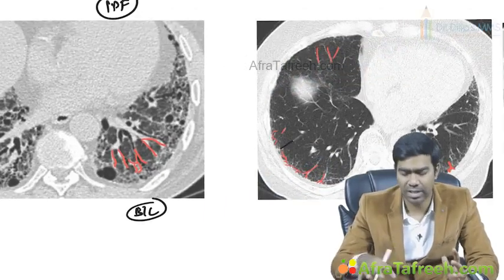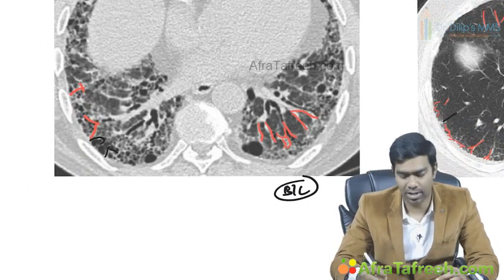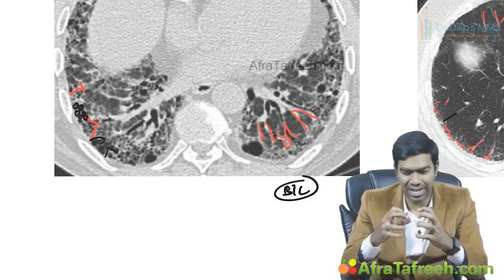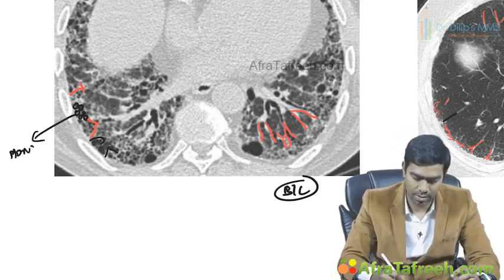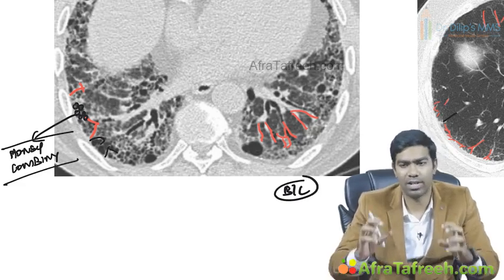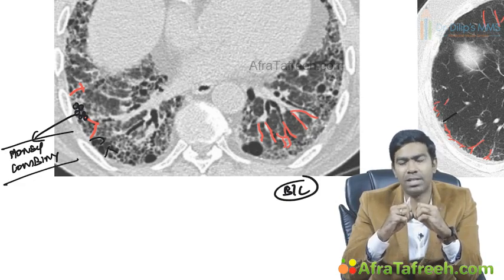It's not that thick, but here you are seeing very, very thick reticular densities, and sometimes they can form air spaces which are trapped within these thickened reticular densities, called honeycombing. And honeycombing usually results from a coarse reticular feature. Whenever the reticulations become so thickened, the air spaces may get trapped within these reticulations.